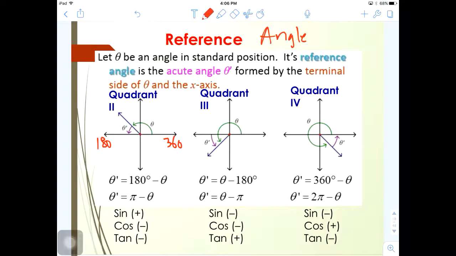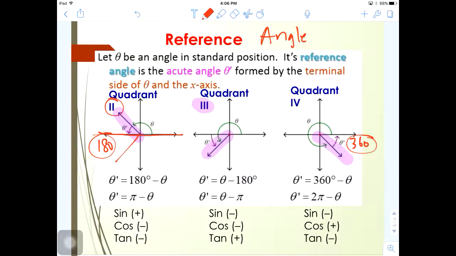So the rule of thumb is, if the angle lands in quadrant 2, like this one right here, or in quadrant 3, like this one here, then because it is closer to 180, we work with the 180 to find the reference angle. And if the angle lands in quadrant 4, like this one right now, it would be closer to 360, so we will work with the 360.